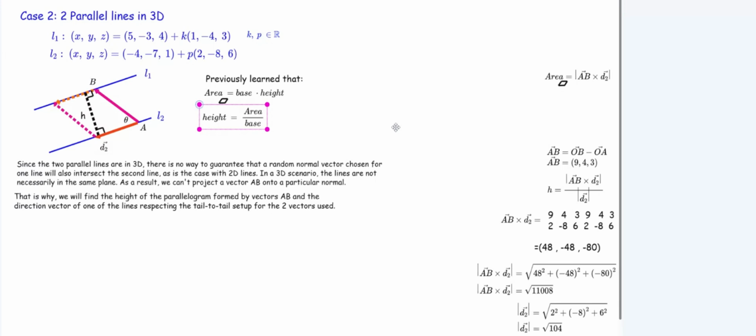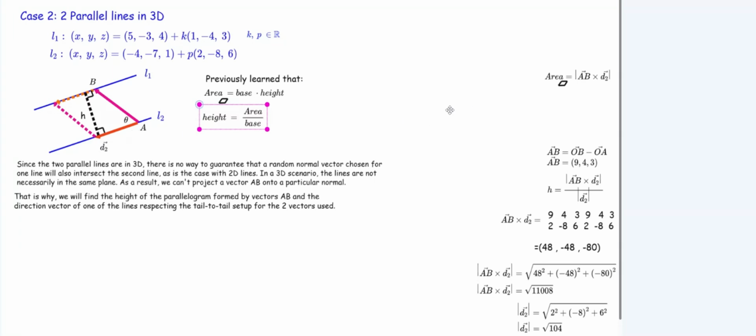Simple rearrangement. Now the question is, in this parallelogram we know the base. The base is the magnitude of the direction vector. But the problem is I don't know the area of that parallelogram. So that's the height, that's the base, and I have everything but the area now.